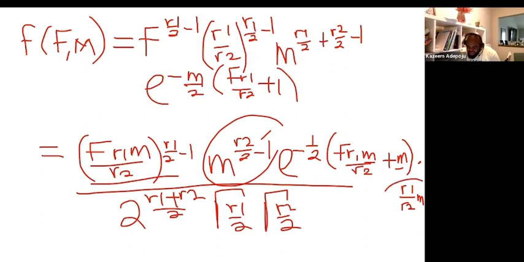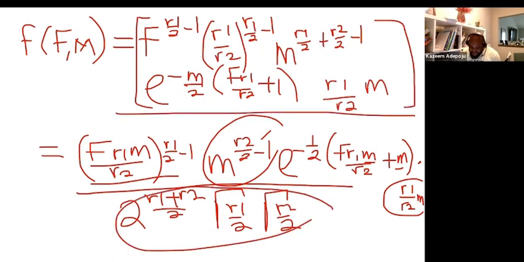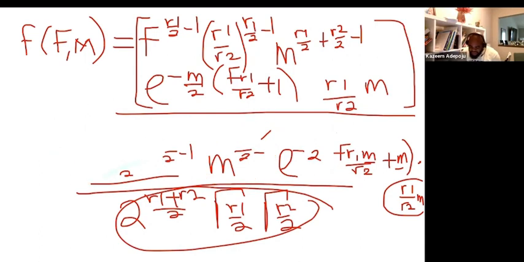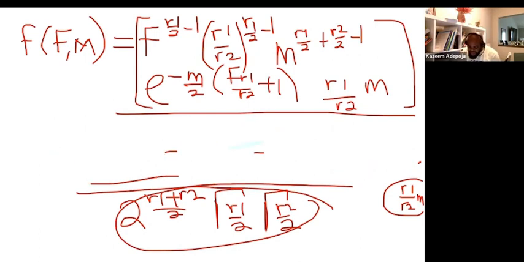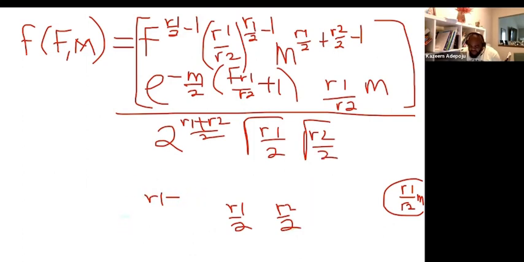And don't forget the Jacobian, R1 over R2M, and everything here, all divided. Don't forget this guy here. So let me first cancel this guy, just simplifying. So 2 raised to power (R1 plus R2) over 2, gamma R1 over 2, then gamma R2 over 2. That's what we got for now.